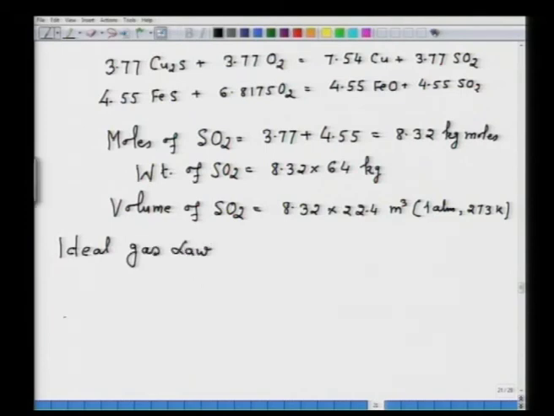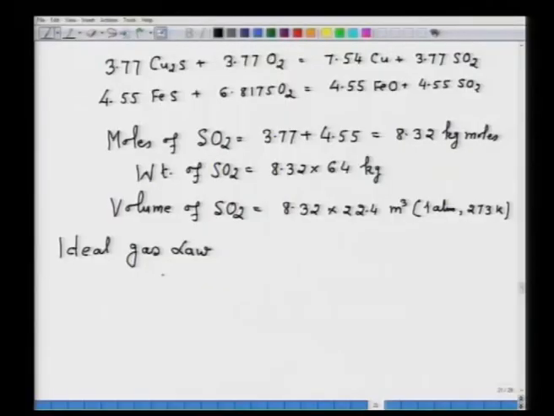Ideal gas law. Now, most gases that are taking part in our metallurgical processes, for extraction and refining, are at high temperature. Typically pyrometallurgical extraction of metals involves a very high temperature ranging from anywhere 1000 to as high as 1500 or 1600 degrees Celsius.